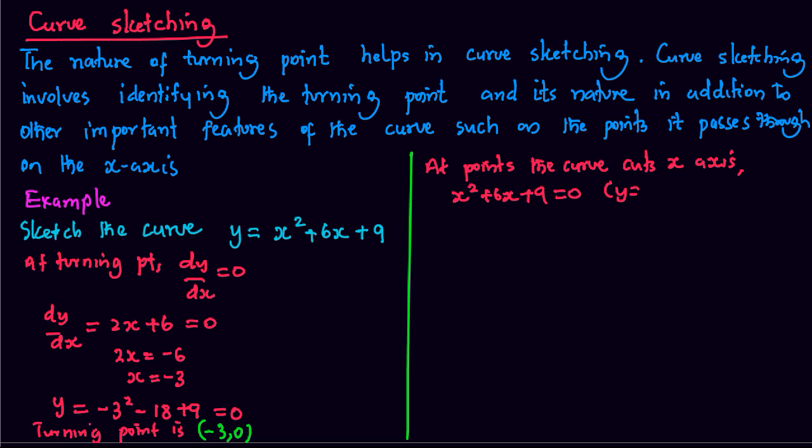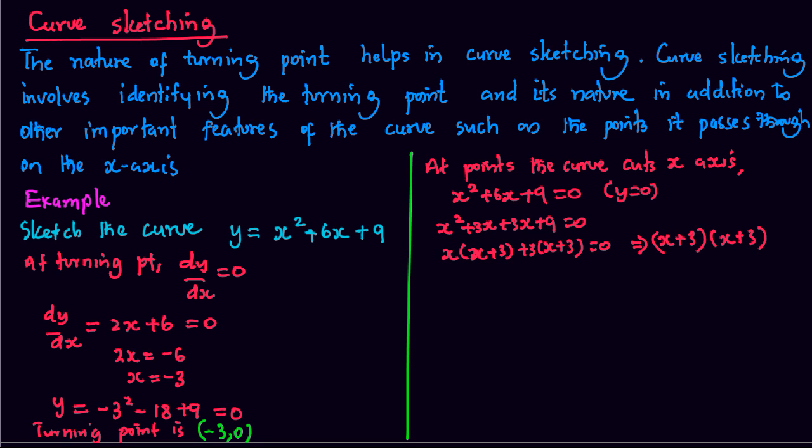That means y is equal to 0 at the x-axis. Solving the quadratic equation, we get x squared plus 3x plus 3x plus 9 is equal to 0. X into x plus 3 plus 3 into x plus 3 is equal to 0. So it is a repeated root, meaning x plus 3 into x plus 3, so that x is equal to negative 3.